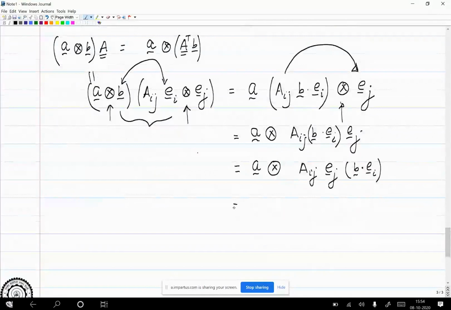Now, you see, this is same as A tensor product Aij Ej tensor product Ei multiplied with B, isn't it? Because, by the definition, these two are dotted, and therefore you get B dot Ei.